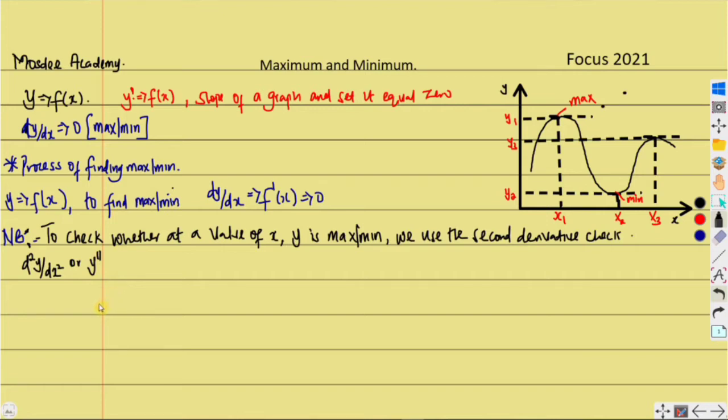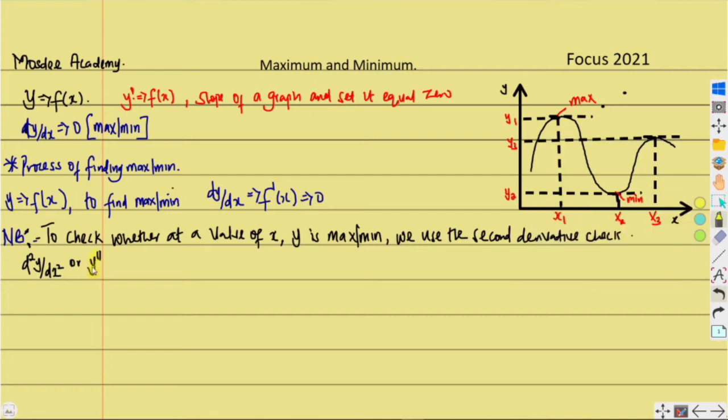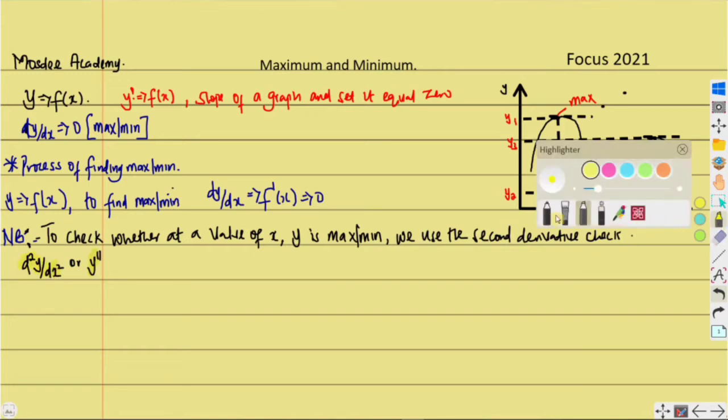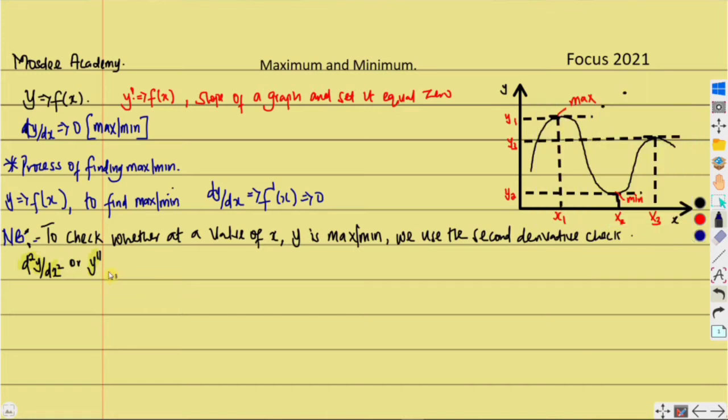So whenever you want to check for the point of maximum or minimum, students can keep in mind that you go for the second derivative check to confirm if it is maximum or minimum. And the logic under this confirmation is to understand if the point is maximum, we can start from that.